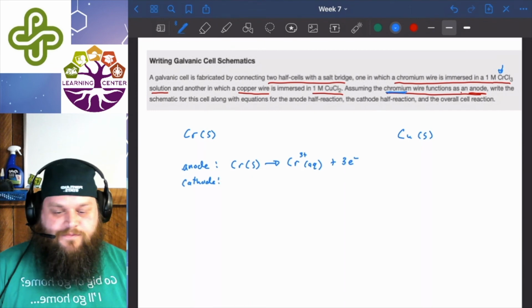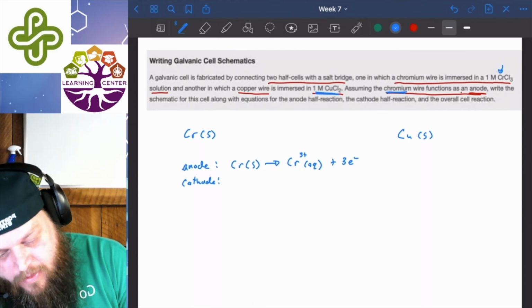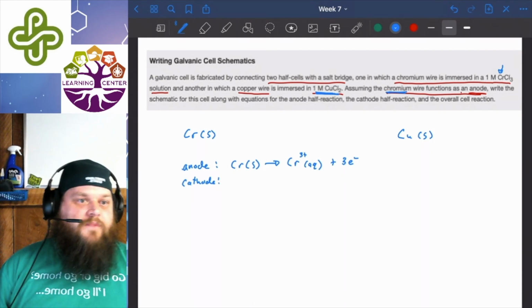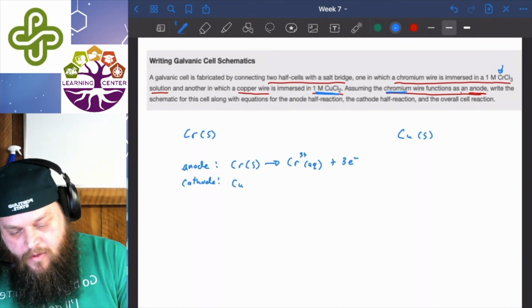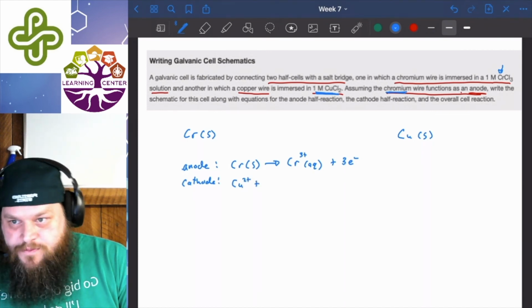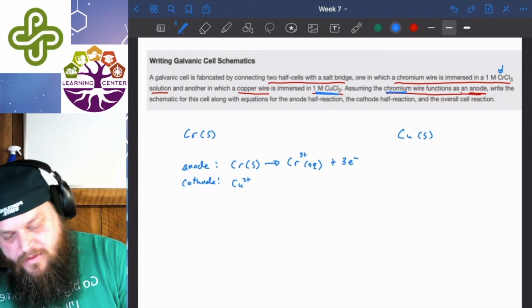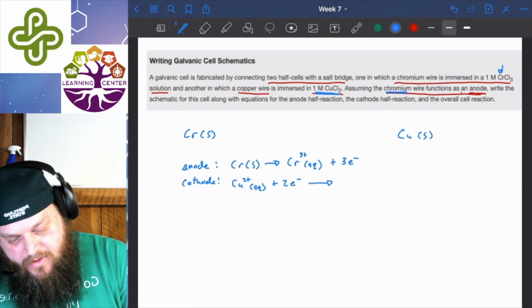Then we know that because here is our copper chloride, copper 2 chloride for that matter. So we know that we're going to have copper 2+, plus, or I should put aqueous, plus 2 electrons. It's going to balance out to make copper solid.